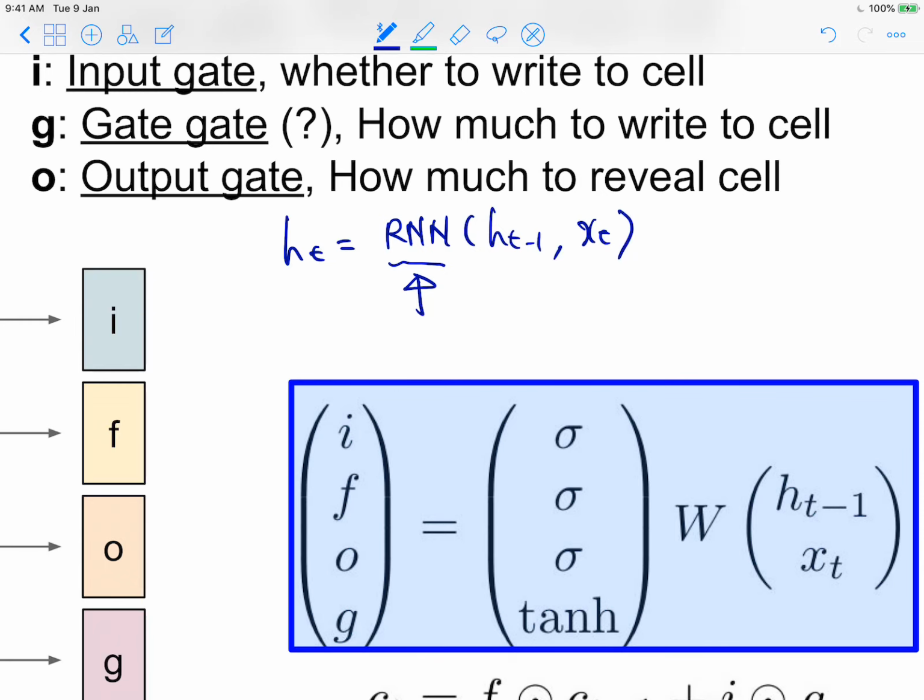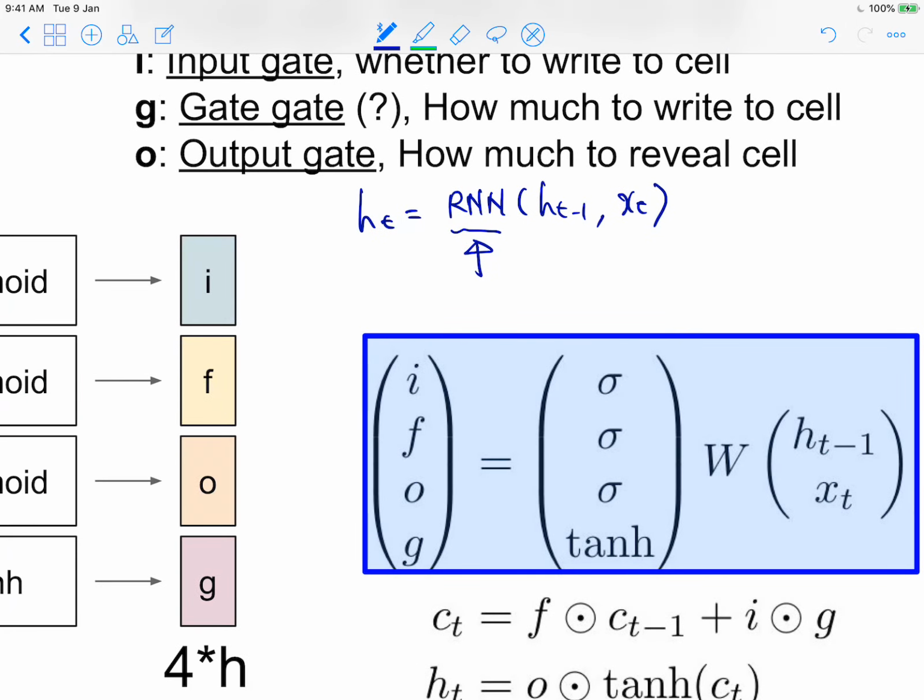And this LSTM actually has two different versions of the hidden state vector, which is called the cell state. This is the cell state and h_{t-1}, the hidden state vector.